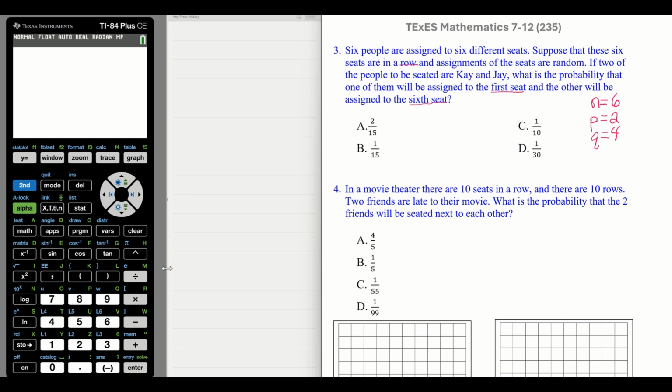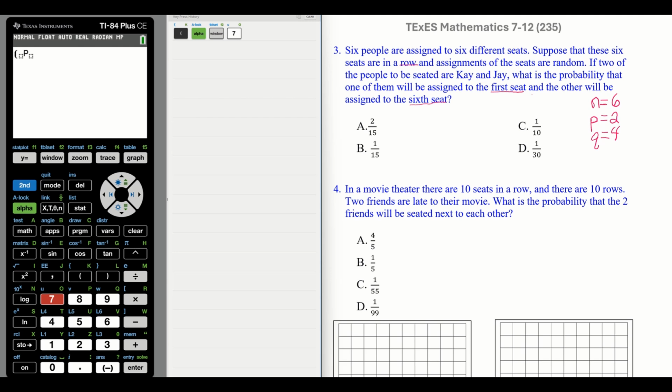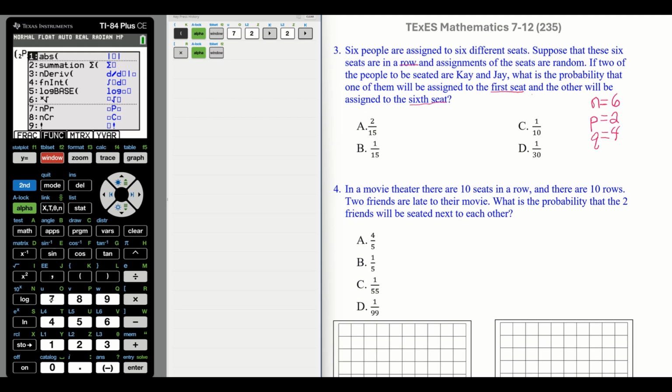Well, this will be our formula that we had before. So let's begin with parentheses, alpha, window, 7. Okay, let's go with what we selected, the 2 selected people. 2, arrow over 2, arrow over, multiply. Now we have alpha window, 7.